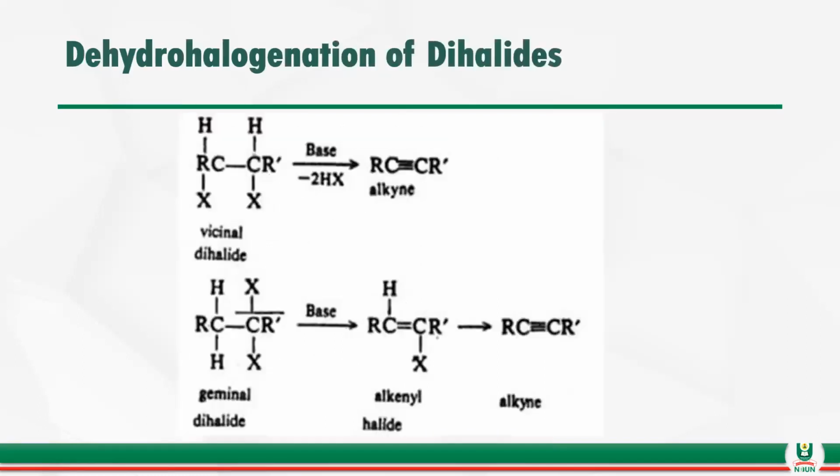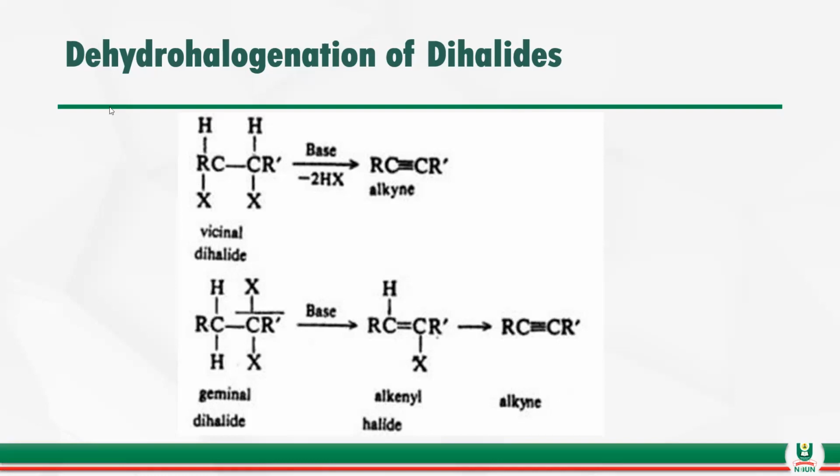So let us take a closer look at what happens in the dehydrohalogenation of dihalides. You can see these dihalides can be of two natures. It can either be vicinal. A vicinal dihalide is when the two halogens are on adjacent carbons.